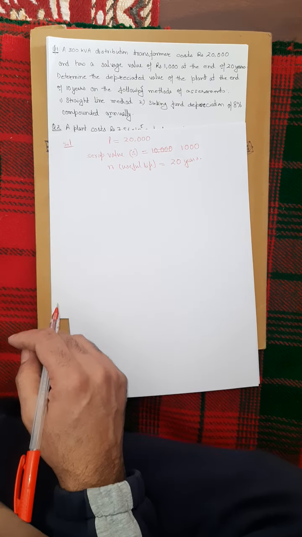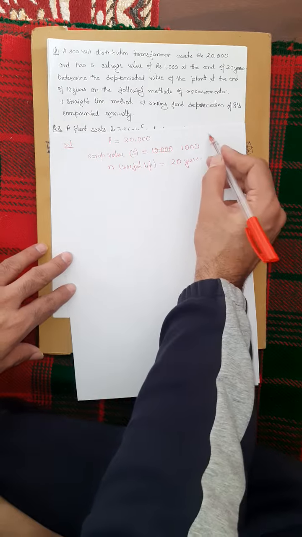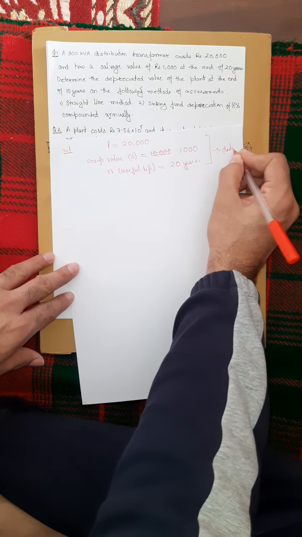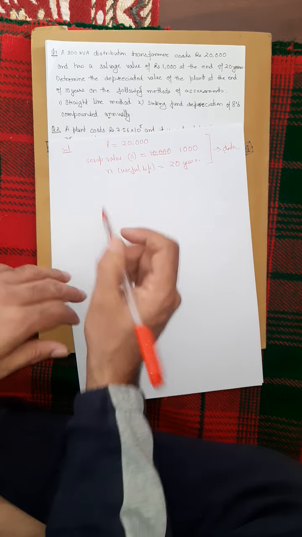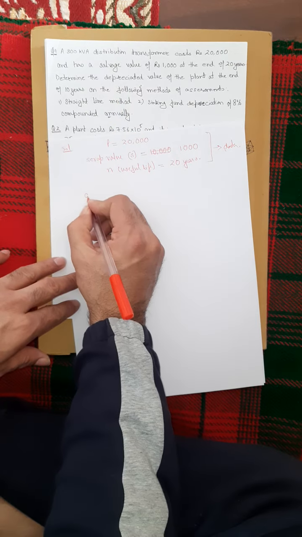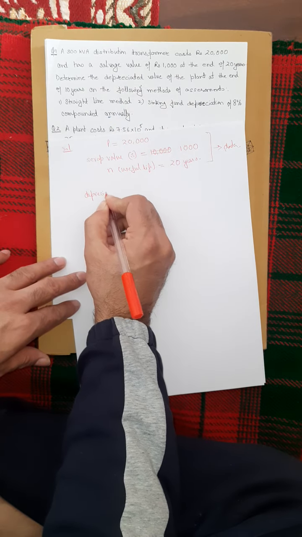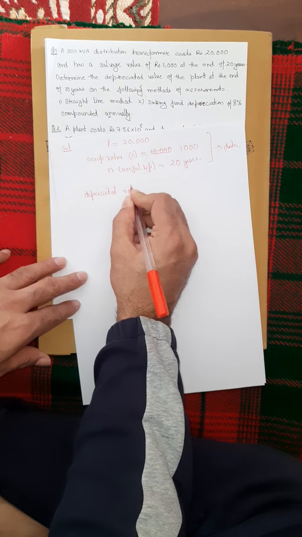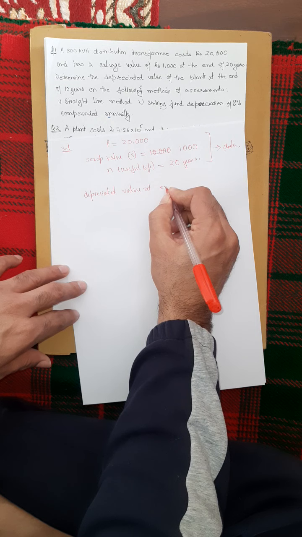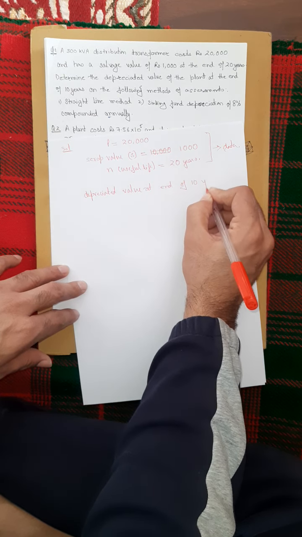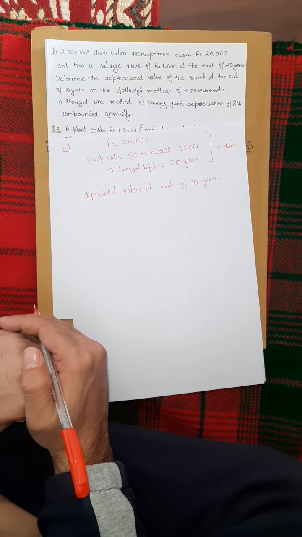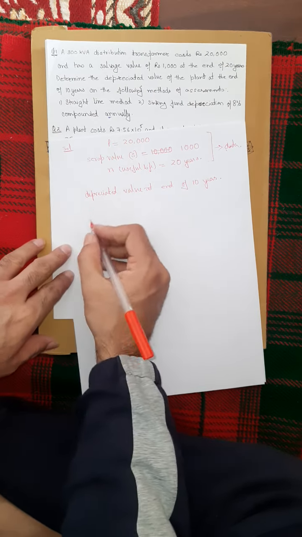This is the data that is given in the question, the data available to us. Now the problem says to determine the depreciated value of the plant at the end of 10 years. After 10 years, what will be the depreciated value of this transformer?